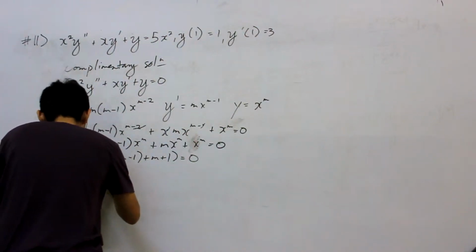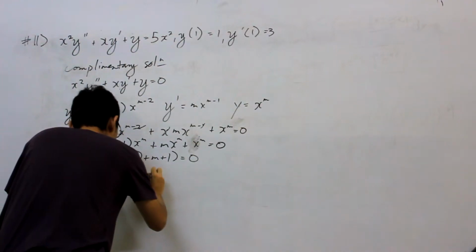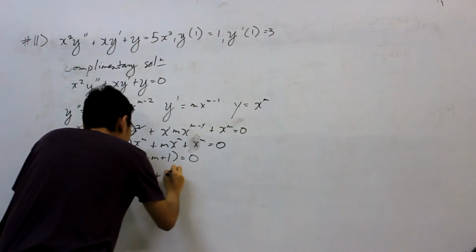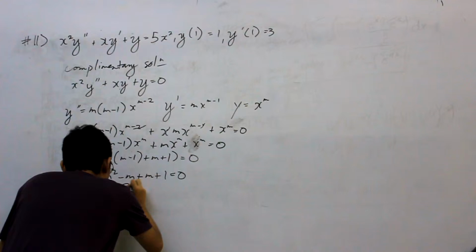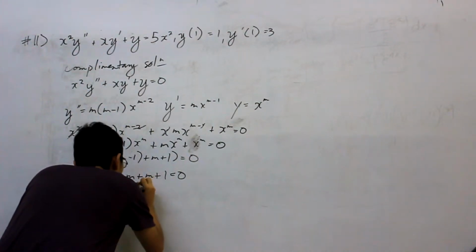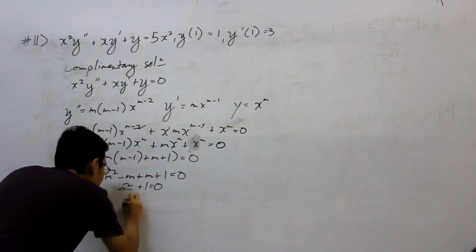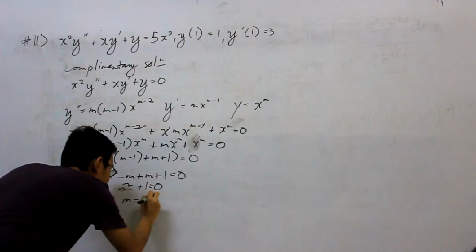So here, m squared minus m plus m plus 1 is equal to 0. M squared plus 1 is equal to 0. Then m is equal to plus or minus i.